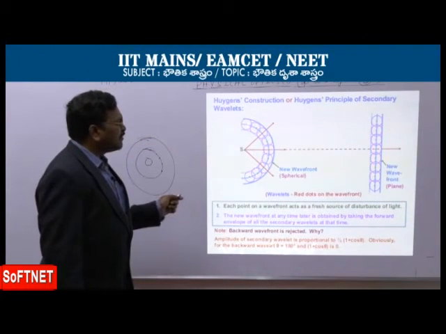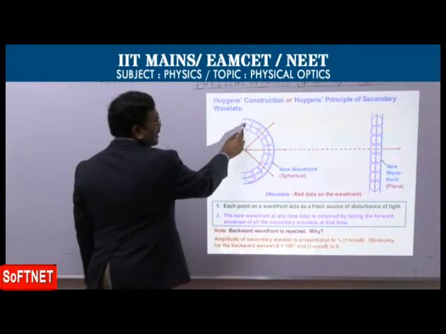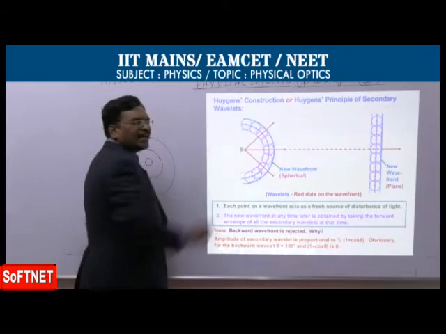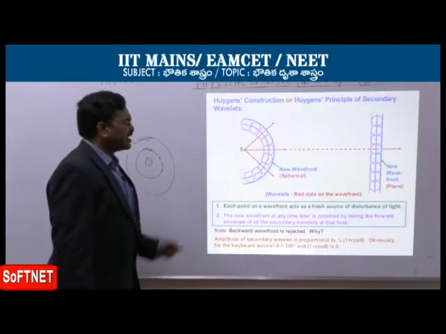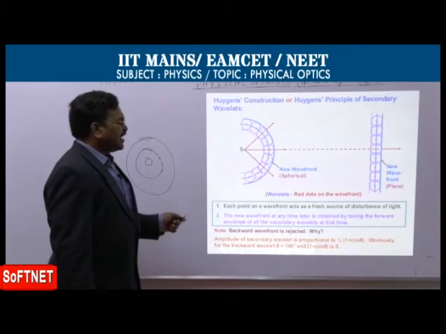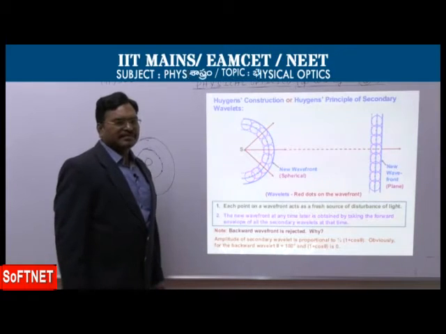Every point on the primary wavefront acts as a source of secondary wavelets. If we know the time, we calculate the position of the secondary wavefront.